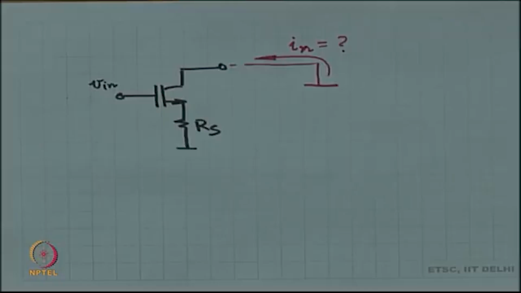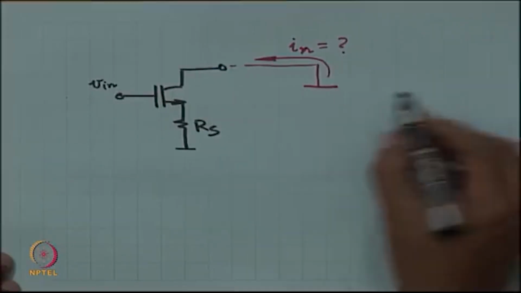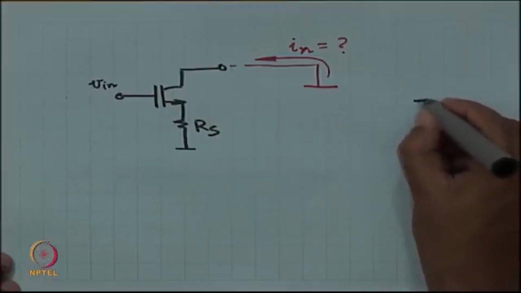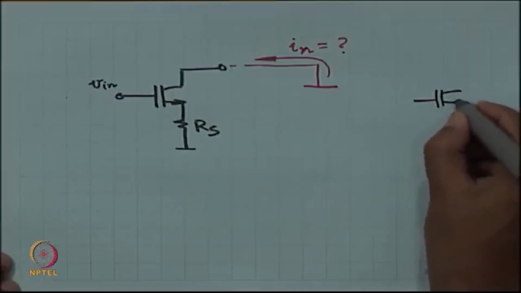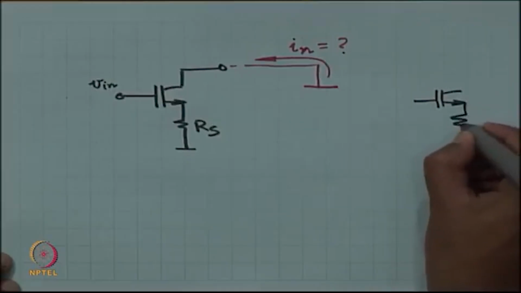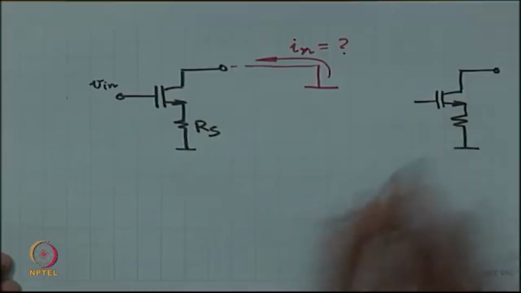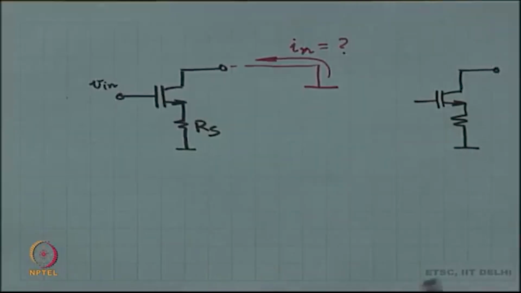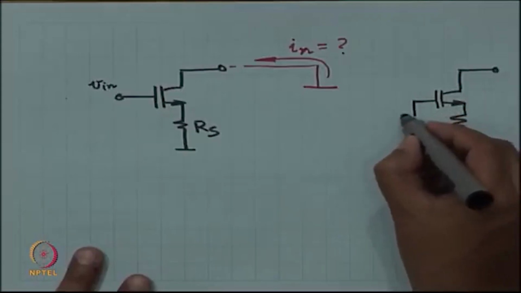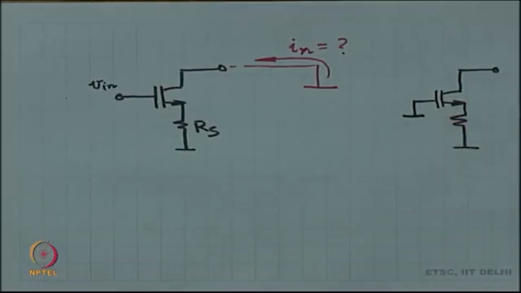The second experiment is I am going to measure the output impedance, and to measure the output impedance you are going to null all the inputs, which means you are going to connect the gate to ground.